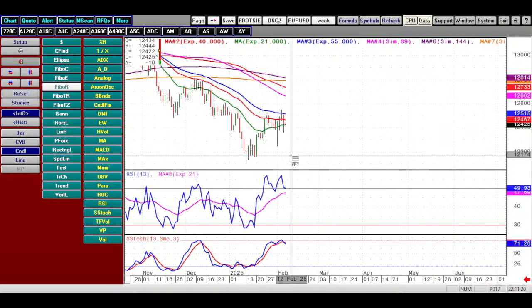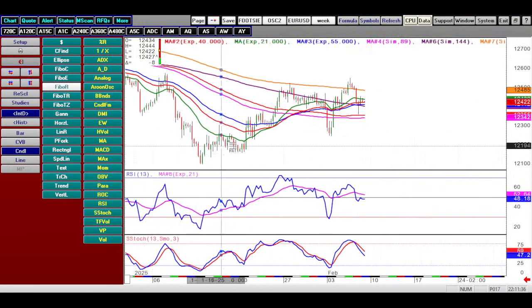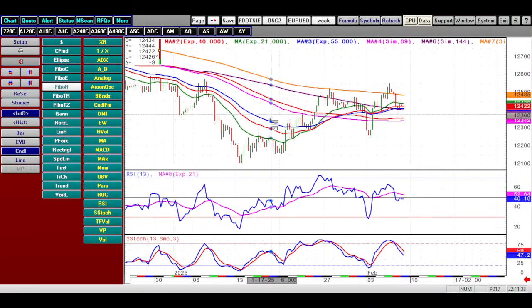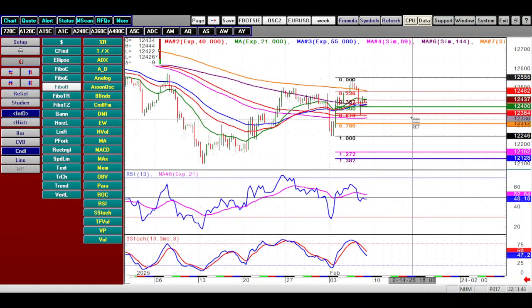It looks like we may have seen the low at 12245, which was a couple of days back, I think within this week. Now if you look at your 6 hours, this is telling us this correction should not go beyond 12310 max.